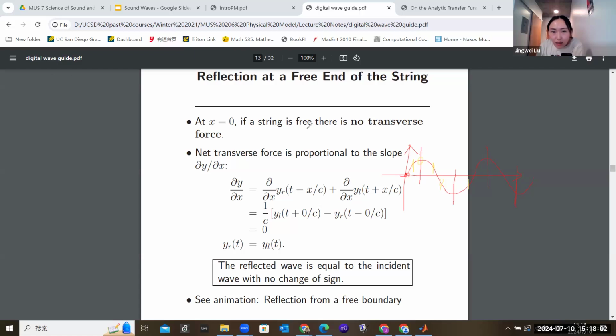The reason is that if a string is free, there's no transverse force. No transverse force means the derivative here is flat.